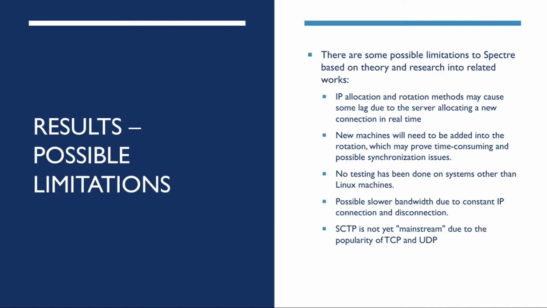There may be lag with the connection. Another limitation that I found was that new machines will have to be added into the rotation, which may prove time consuming and also cause possible synchronization issues. This will have to be researched later on more fully.